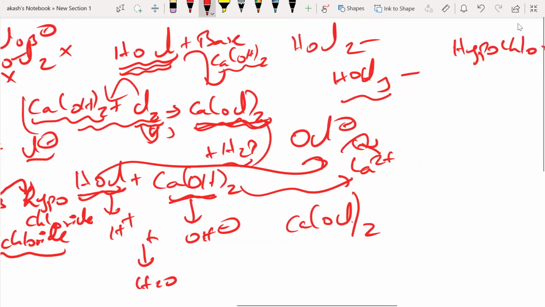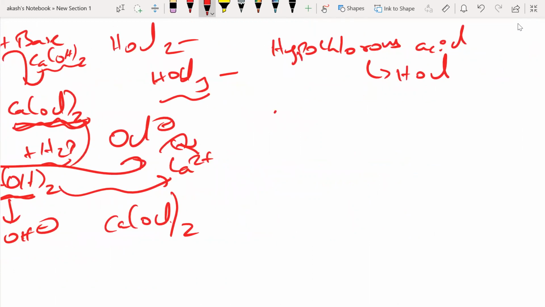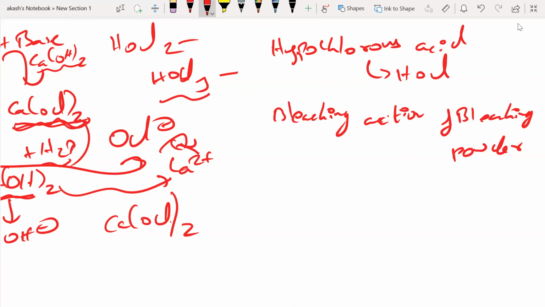Okay, fine. Now, we say that bleaching powder cleans stuff. Now, the bleaching action of bleaching powder is also going to be a chemical reaction.